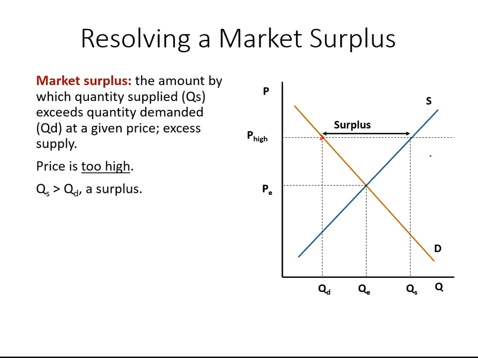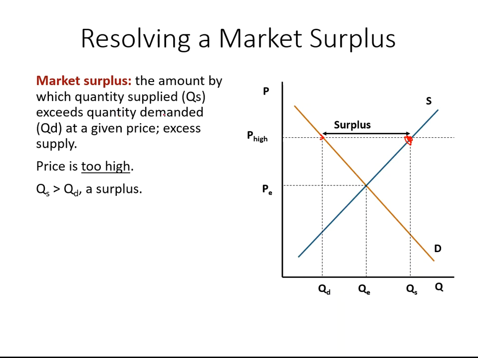Under the same price, P high's intersection with the supply curve gives us this point, and the horizontal value is QS. On the scale, the value on the right-hand side is always larger than the value on the left-hand side. So QS is larger than QD. The quantity supplied is larger than the quantity demanded. That's why we have the market surplus.